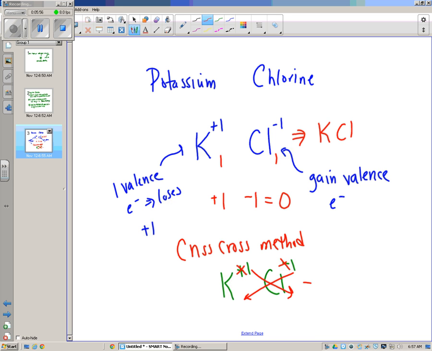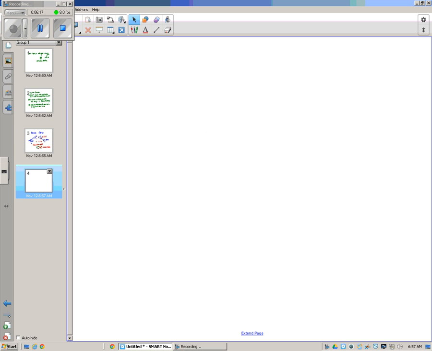So essentially what you have is K1Cl1, and subscripts of 1 don't get written in a formula, so we have KCl. Okay? And then you check to make sure that your ratio is in lowest terms. 1 to 1 is lowest terms, so you're correct.